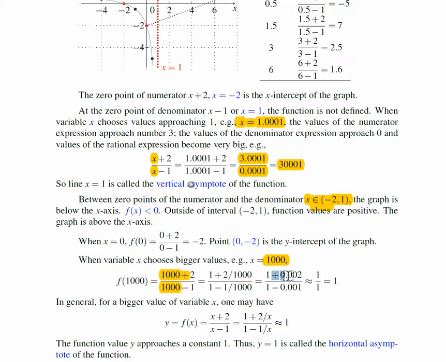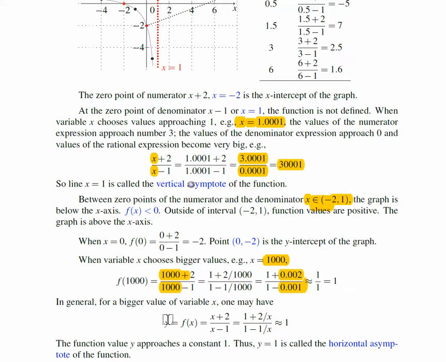You can see the value here is very small, and the value here is very small. They can be ignored. That's how you have 1 divided by 1, which is 1. When x is very big, the value of y approaches 1.